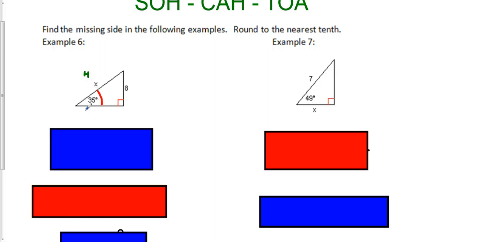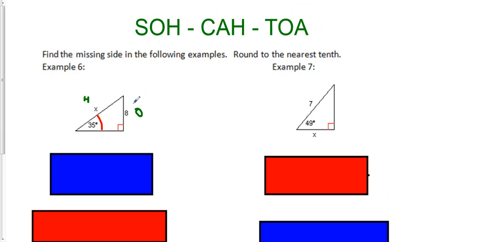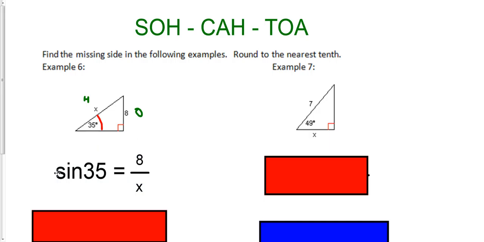If this is our angle in this corner, 35, that means this side, 8, is the opposite. So if we are looking at an angle, its opposite side and its hypotenuse, then OH goes with sine. So we need to use the sine of this angle, the sine of 35. We'll set up our problem as sine of 35 equals 8 over x.